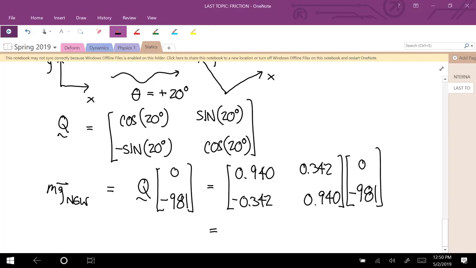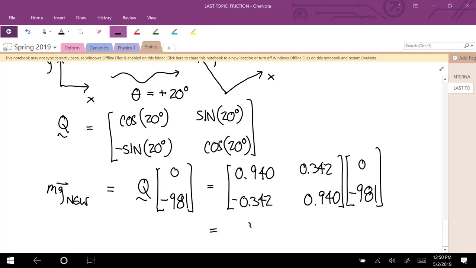And so you get an x component of negative, well, I'll keep the negative where it was.